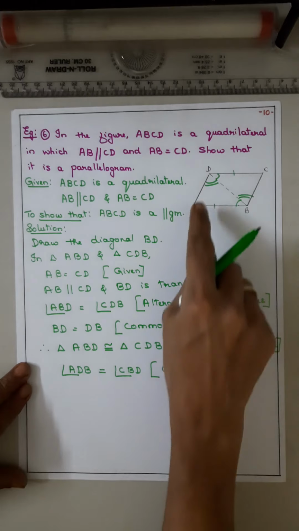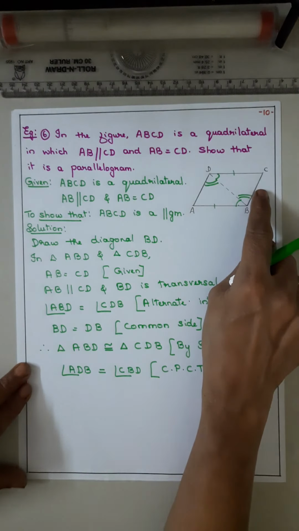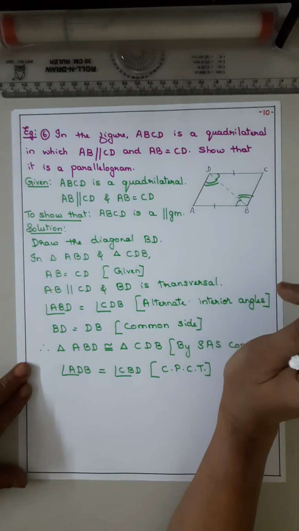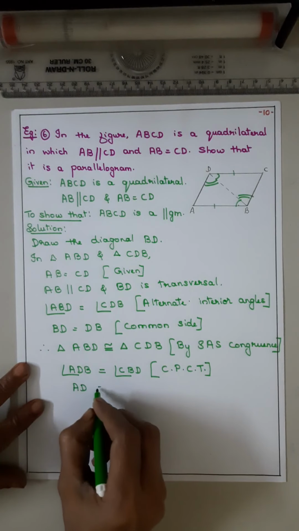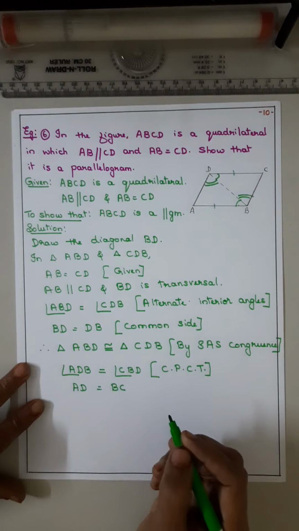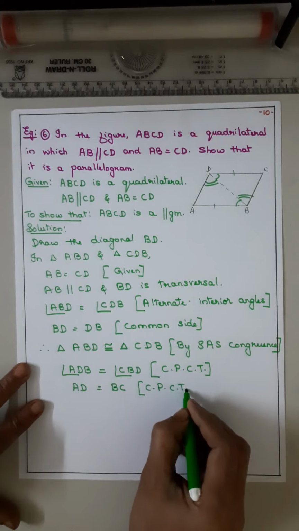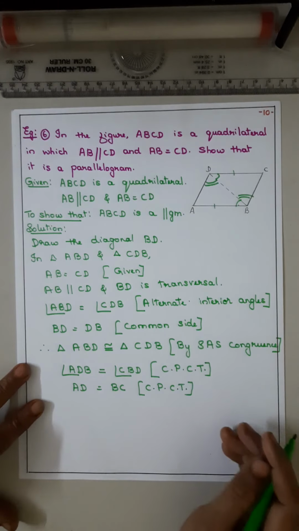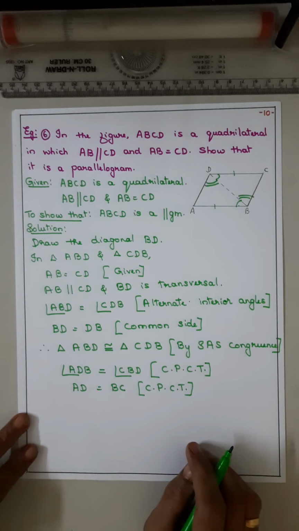Then this AD is equal to BC. That is also their opposite sides are equal. So AD also becomes equal to BC. That is again CPCT. So once we say they are parallel, it is automatically it will be equal also.